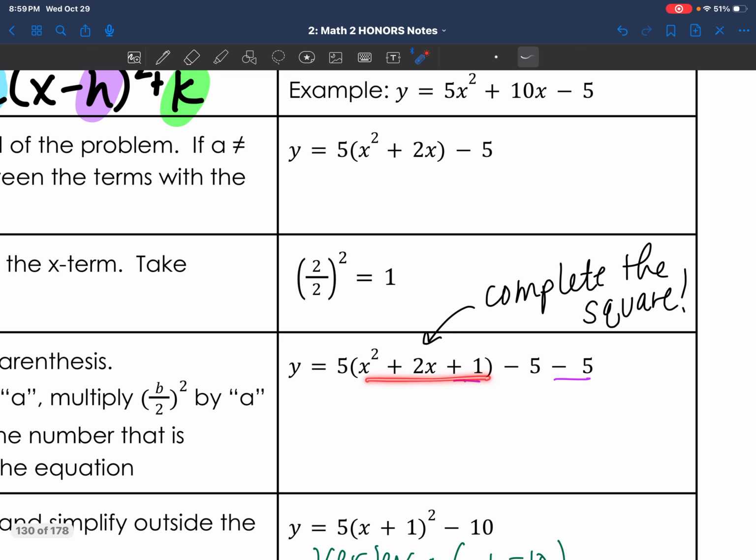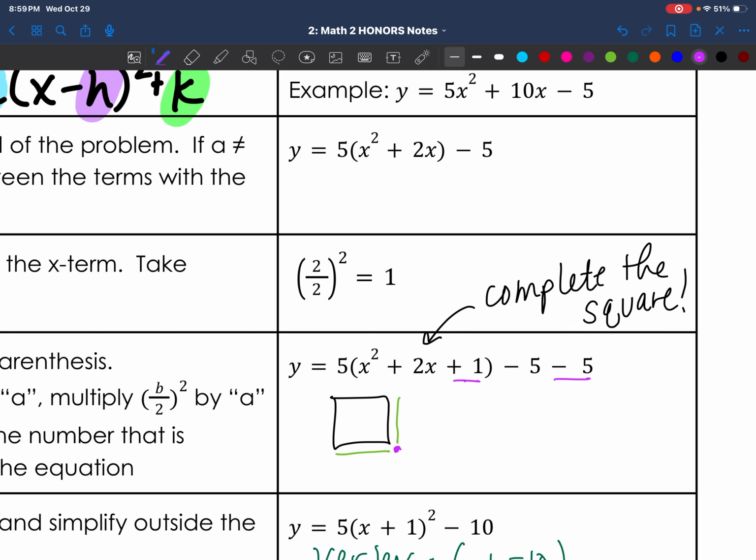If you need a little model to show you, here's your square, and you need 2, and then we would need 1 point to complete the square.